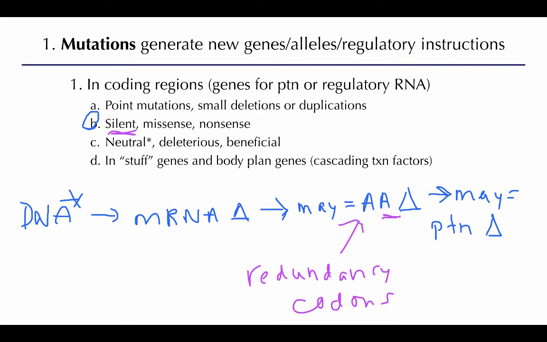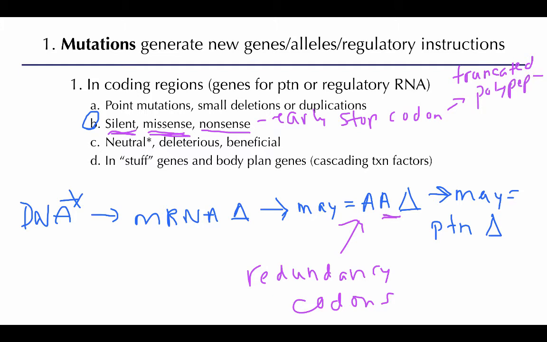It's also possible that one or more amino acids is different. That's a missense mutation. And then a nonsense mutation is really where we get an early stop codon, and so you get what we call a truncated polypeptide, which means shortened. Sometimes those have various functions, but a lot of times it means it can't fold and it's completely non-functional.